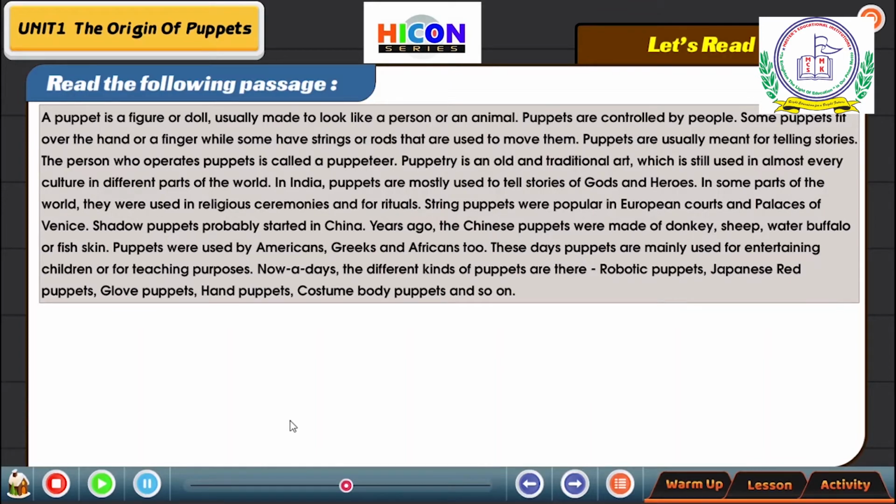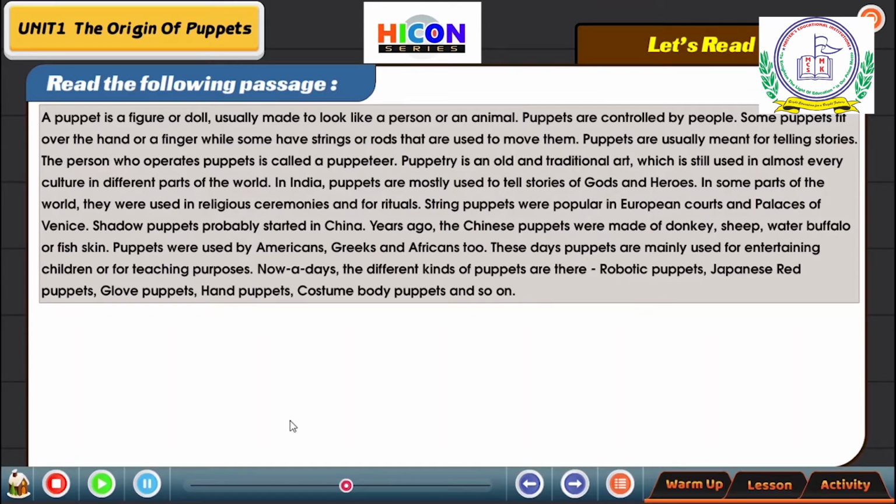In some parts of the world, they were used in religious ceremonies and for rituals. String puppets were popular in European courts and palaces of Venice. Shadow puppets probably started in China. Years ago, the Chinese puppets were made of donkey, sheep, water buffalo, or fish skin.